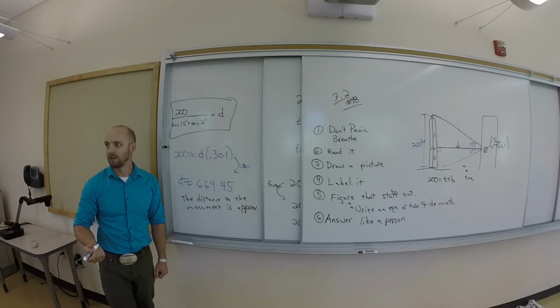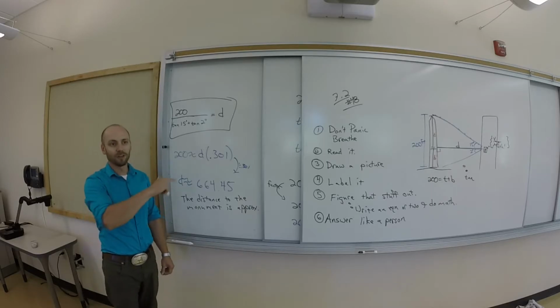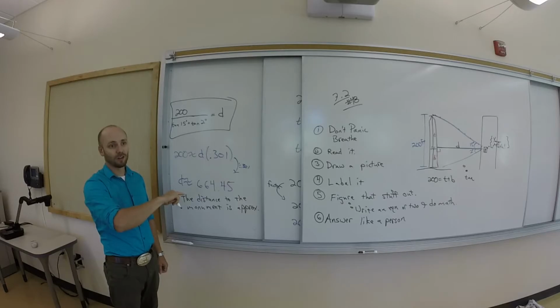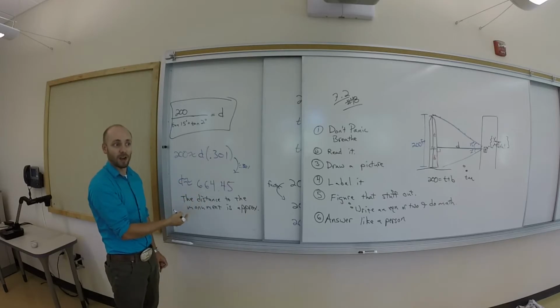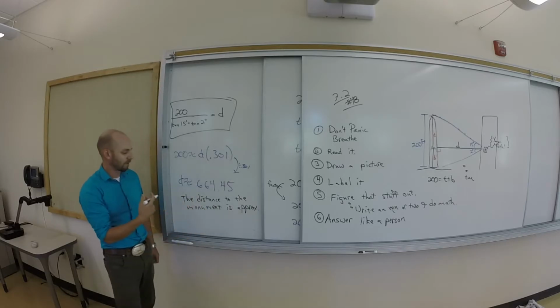Because I rounded in like 3 spots here. I rounded the tangents of each angle, and then I rounded after I divided. You guys cool with that? So there's a little rounding, hence the approximately. And approximately what?